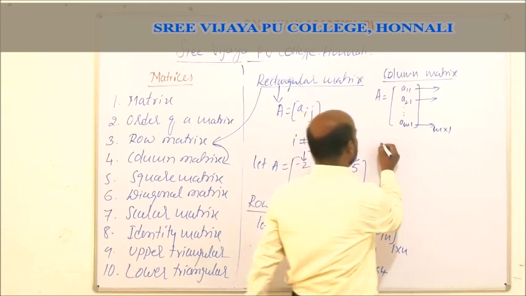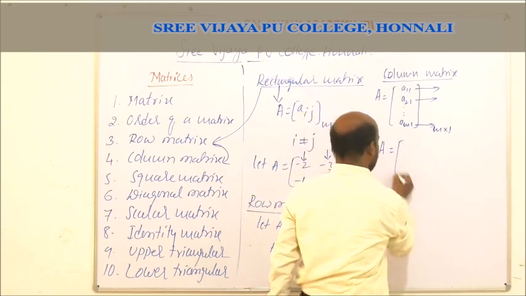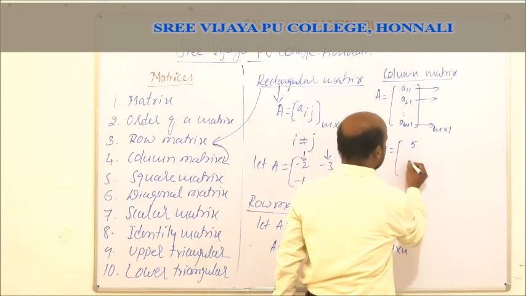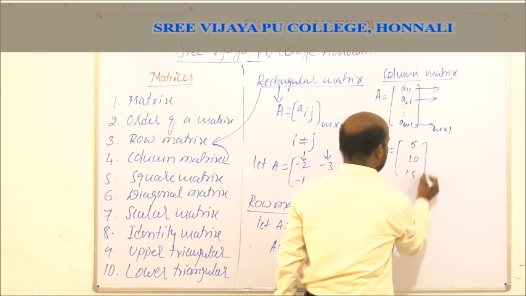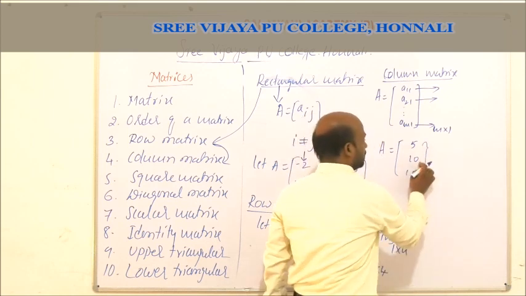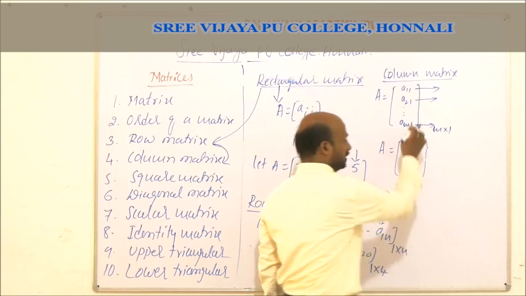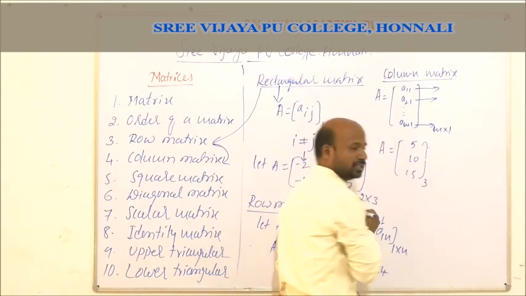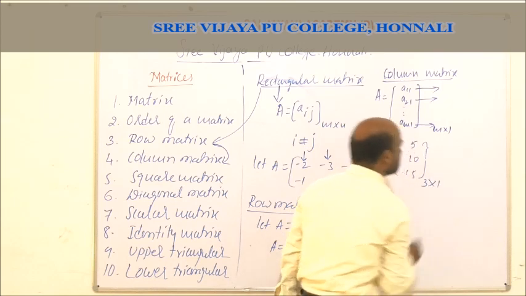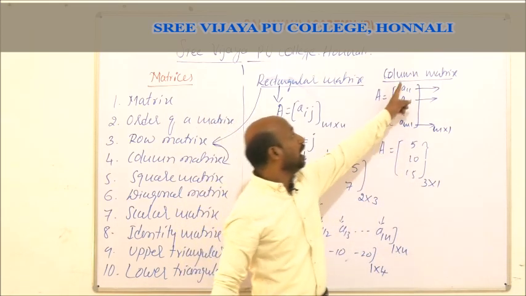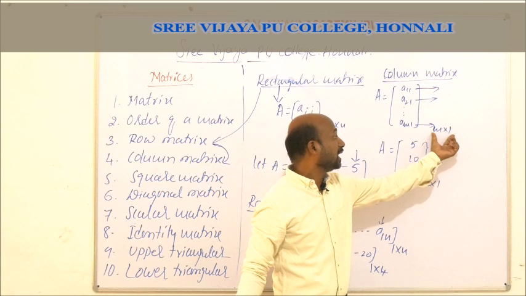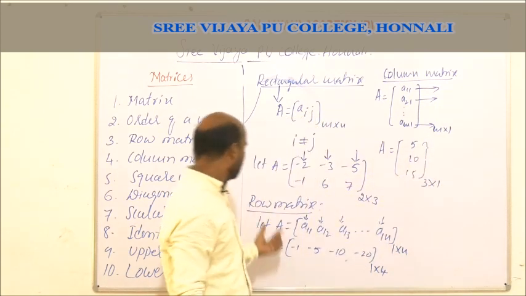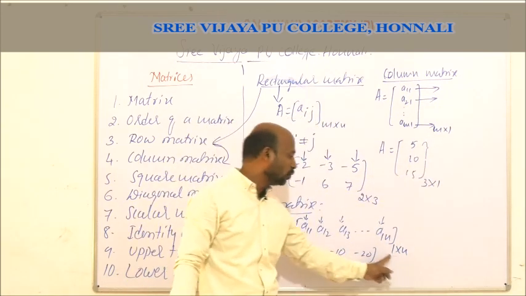So in particular, matrix A = [5; 10; 15]: first row, second row, third row, but the number of columns is only 1. So the order is 3 rows, but the number of columns is 1. So the order of the column matrix can be taken as m by 1, and the order of the row matrix can be taken as 1 by n.